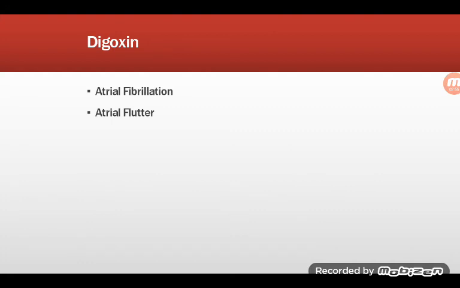So thinking about those things, we need to remember that with DIG, we need to check that apical pulse rate before we give it. If the apical pulse rate is less than 60, we need to hold it. And if we hold something and we don't have parameters to hold it, we need to call the doctor.